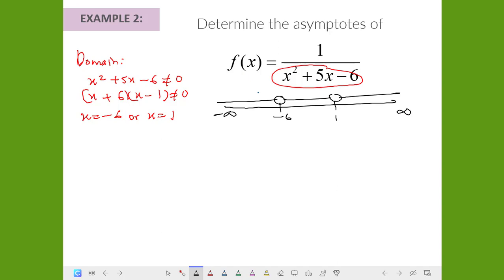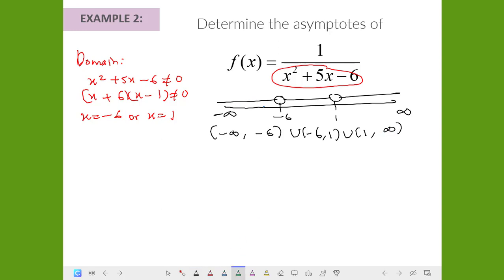Okay, the function is undefined when x is equal to negative 6 and 1. So here, transfer to the interval union 1 to infinity. So all you have to do is just check.